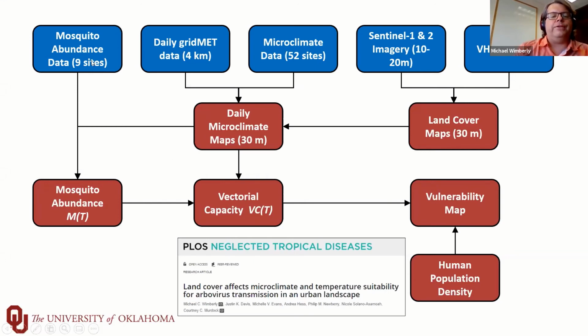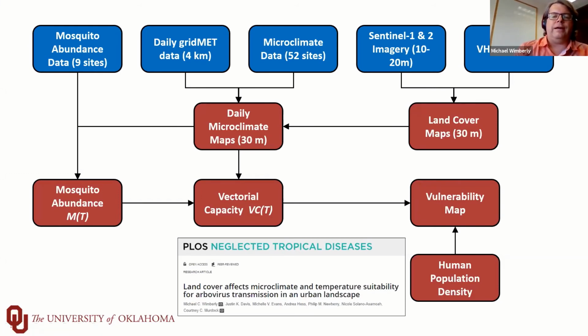We used this to help us estimate fine-scale mosquito abundance and put it together with some of those trait relationships into a vectorial capacity model. I'm not going to show you this part, but we also did some vulnerability assessments as well.